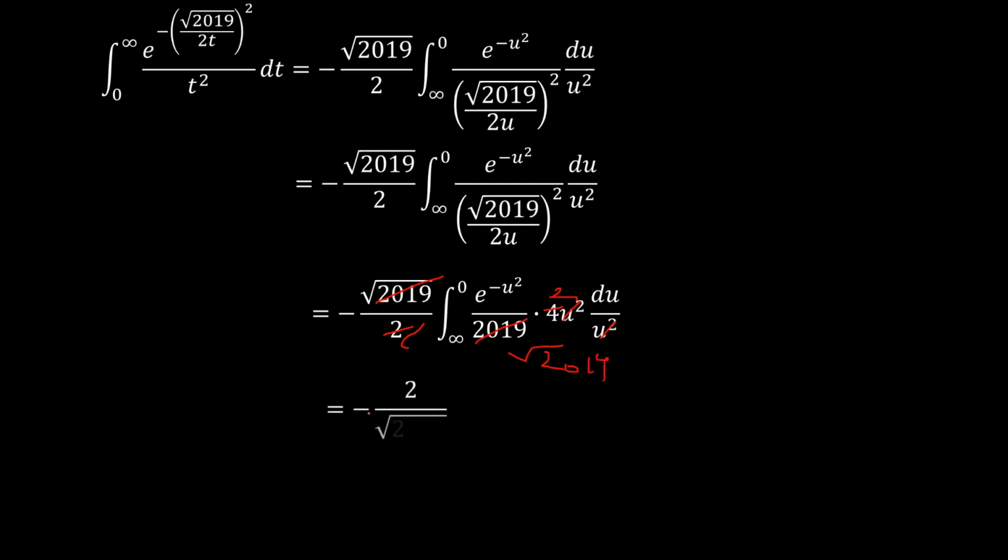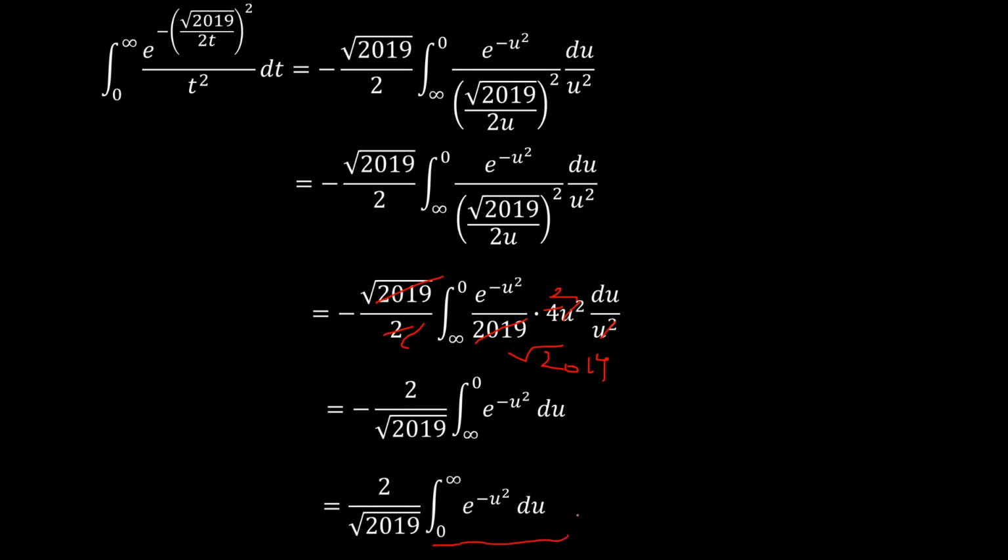So we get a constant of negative 2 over square root of 2019 with the integral from u equals infinity to 0 of e to the power negative u squared. And then because of this negative, we can flip the limits appropriately, and we see that this is half the Gaussian integral, obviously. To consider the entire Gaussian domain from negative infinity to infinity, we have to have half of the entire integral there, since this value is symmetrical about u equals 0.